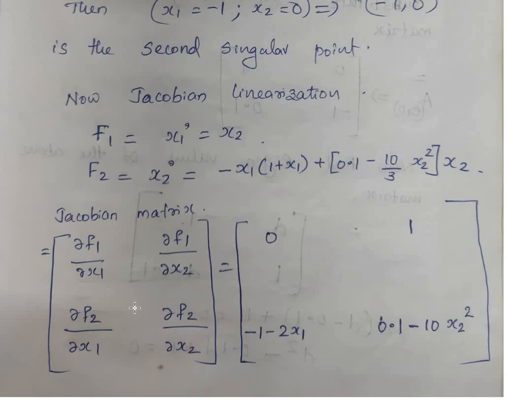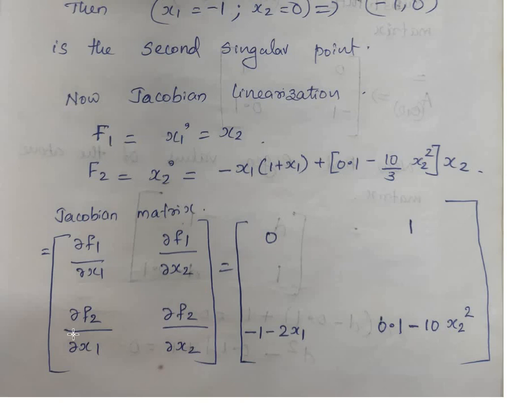So, in the previous problem, I have given a general format for the Jacobian matrix. For a 2 by 2 system, the structure of the Jacobian matrix will be like this. That is, the first row is dou f1 by dou x1. The next element is dou f1 by dou x2.